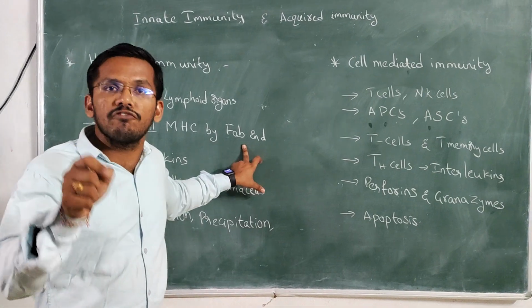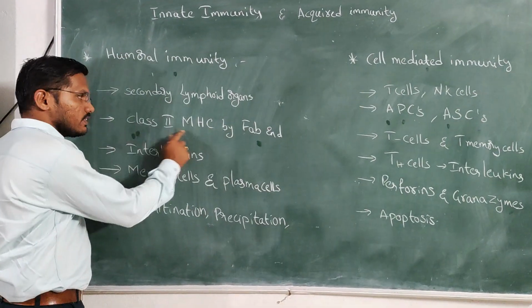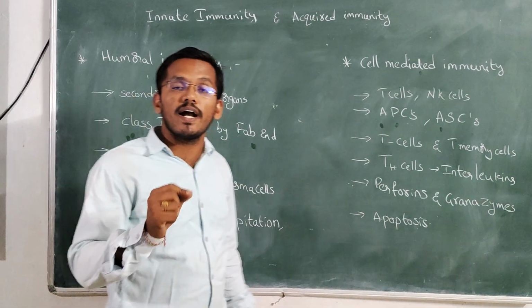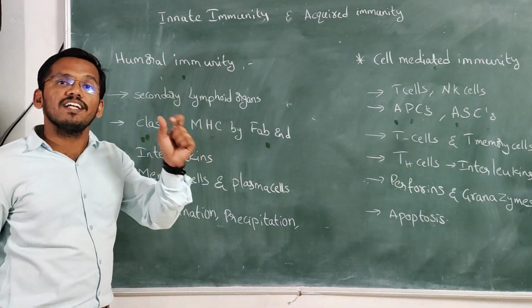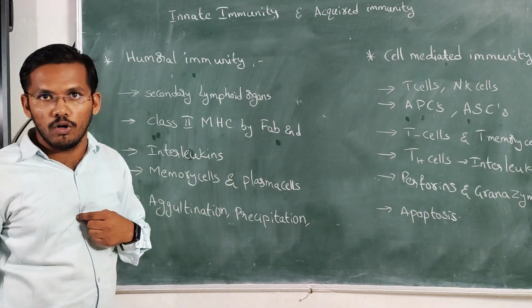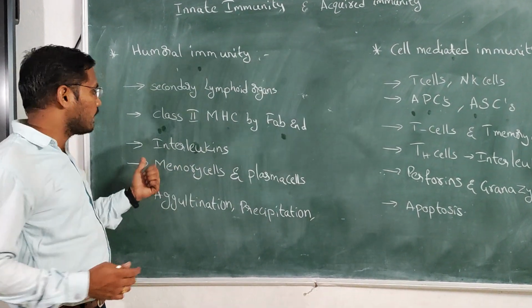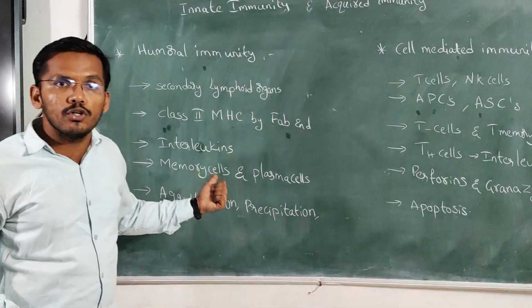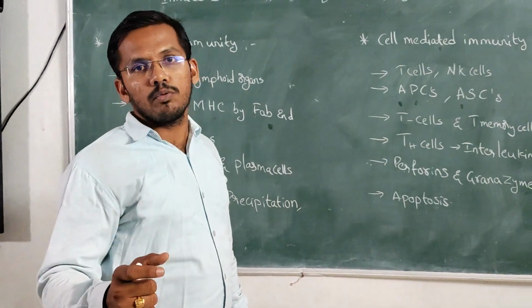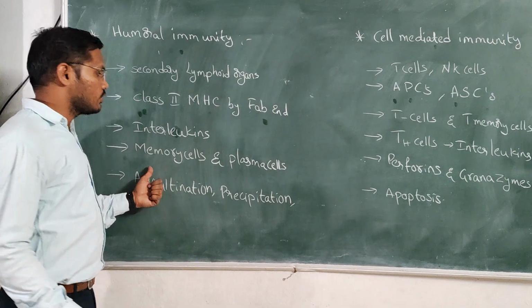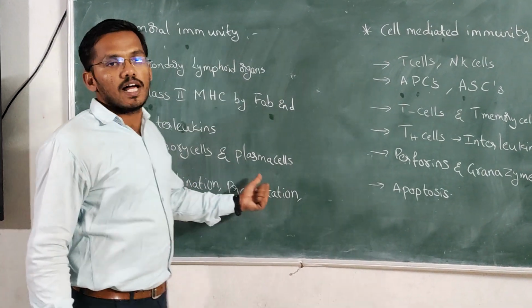They display the information on the class 2 MHC, major histocompatibility complex. After displaying the information, it is gathered by these cells and they produce interleukins. The interleukins are the major thing responsible for producing memory cells and plasma cells.